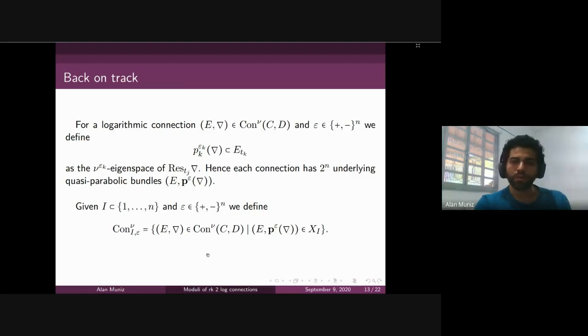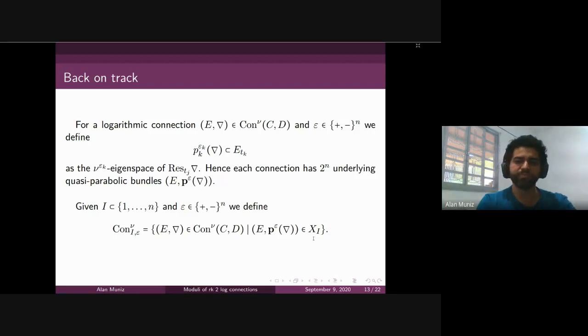So we define this space: we take all the connections such that, when we take the epsilon directions, the underlying quasi-parabolic vector bundle is mu stable for a weight in the chamber Ci.